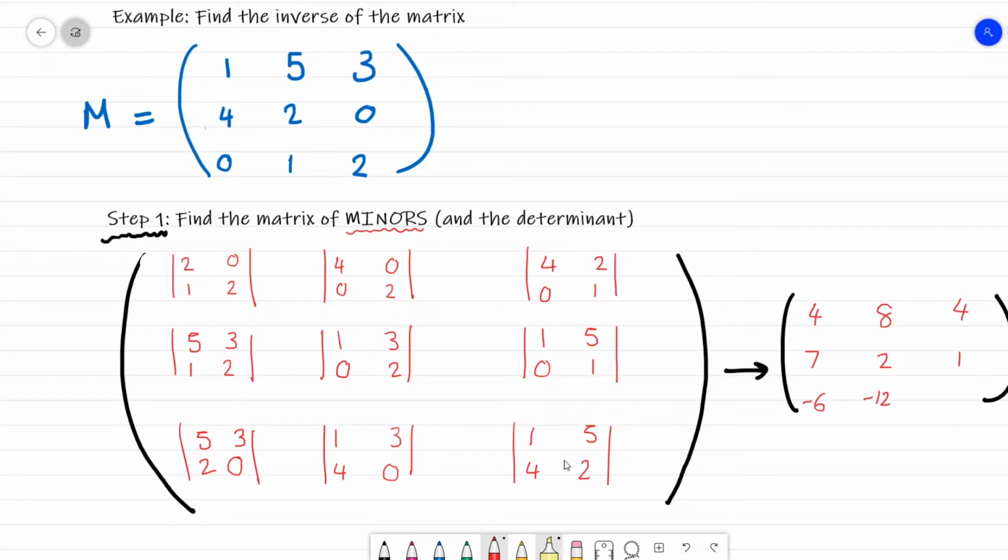And this bottom right term is going to work out as 1 times 2, take away 5 times 4, that's 2 take away 20, which is minus 18. Great, so that is step 1 done. That is by far the most time consuming step. The rest of it will hopefully be a little bit quicker than that.